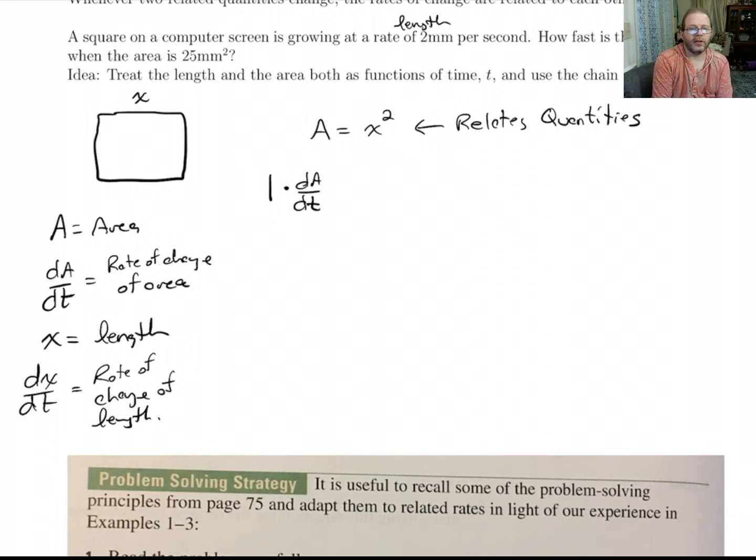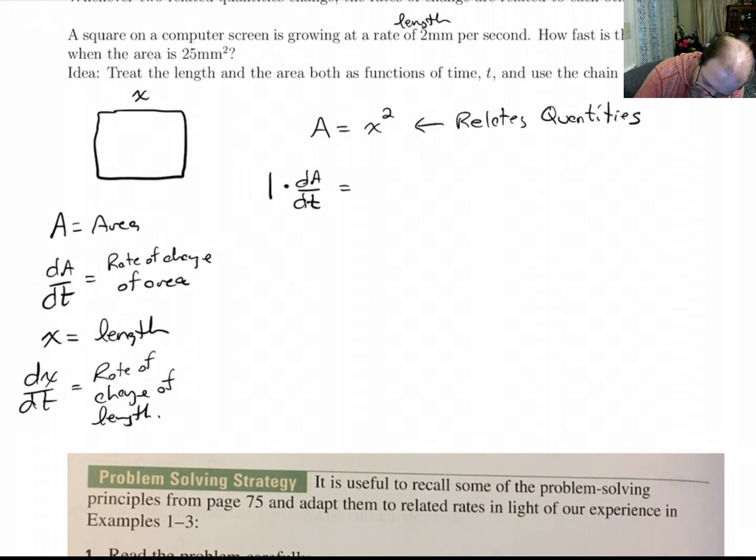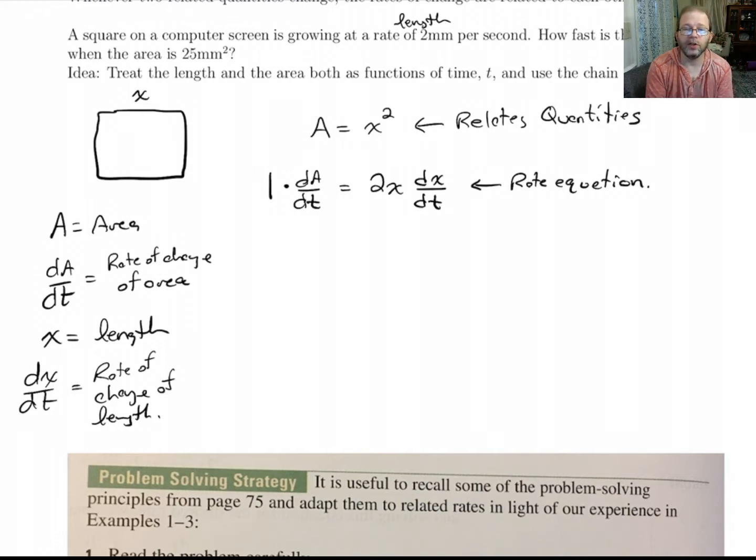The idea there is we're doing this as an implicit derivative, and everything is a function of time. On the other side, the derivative of x squared is going to be 2x, but we have to multiply by the derivative of x with respect to time. And this is our rate equation. That's the thing we're going to plug into in the end to answer the question.